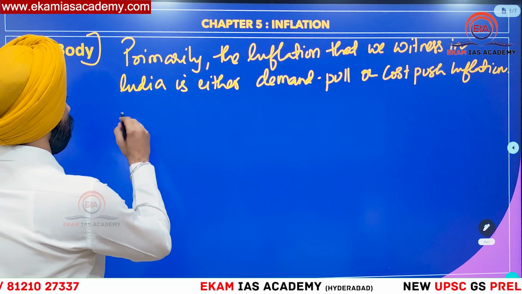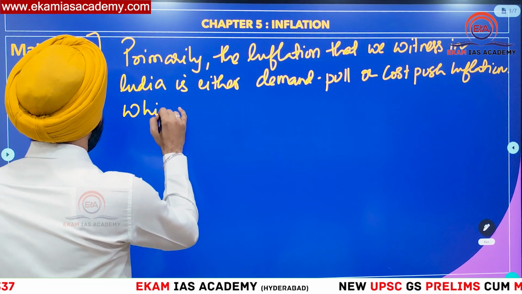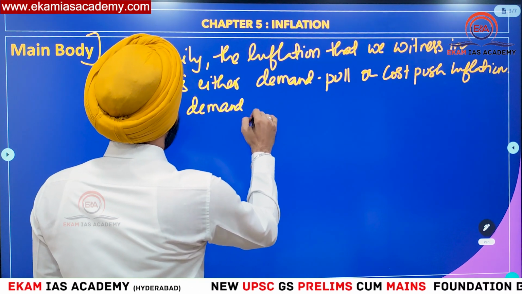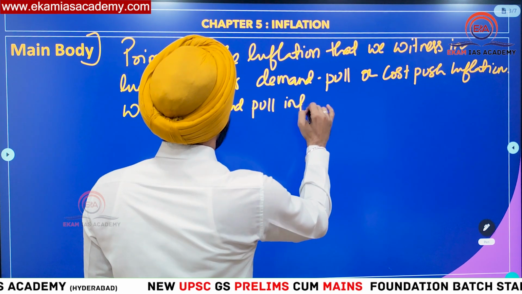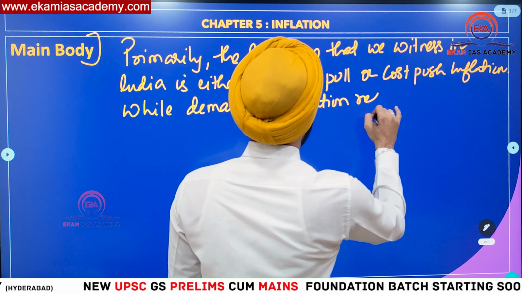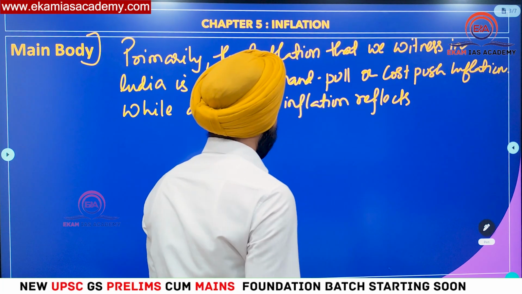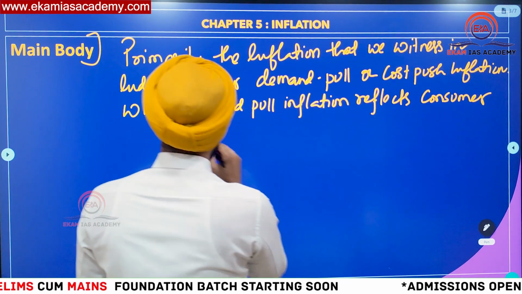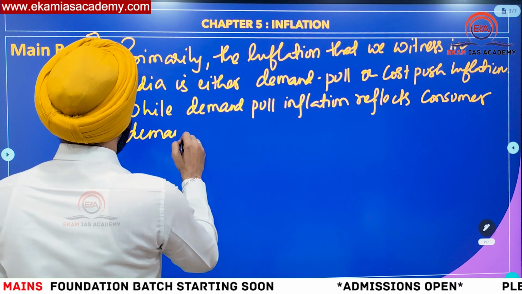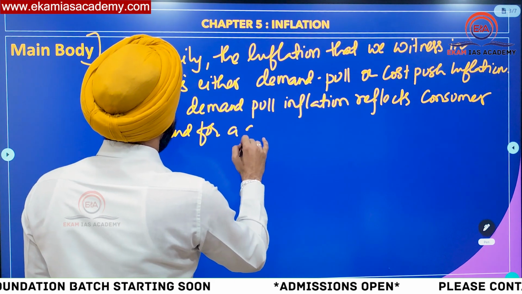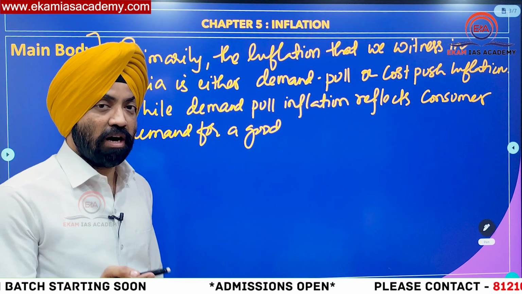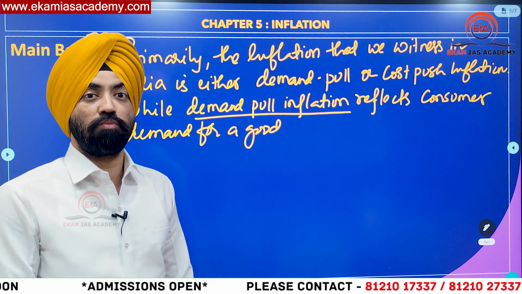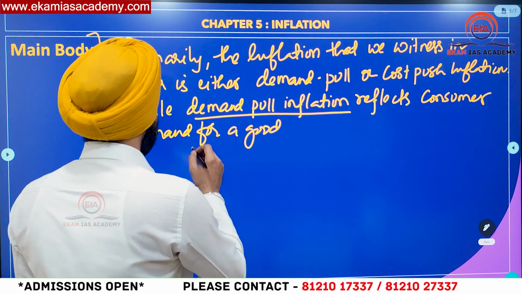While demand pull inflation reflects consumer demand for a good. Demand pull inflation means the price of a particular good is rising because the consumers are demanding it, right? Demand for a good.